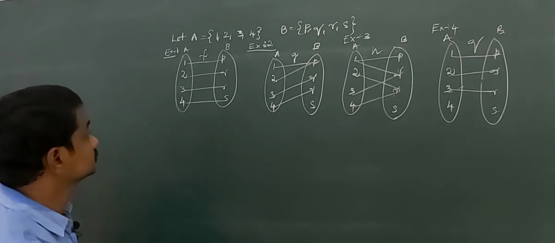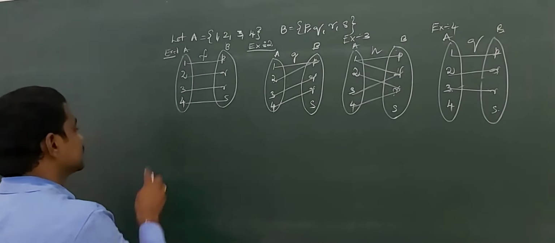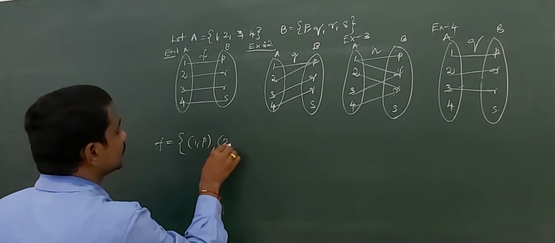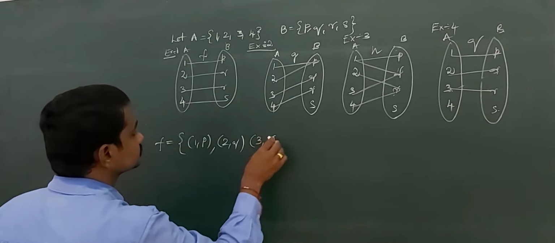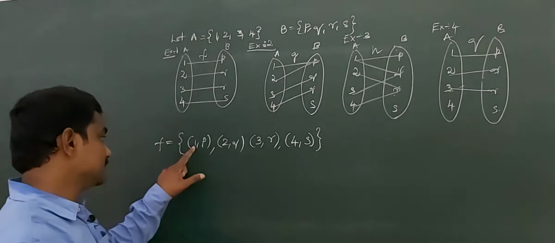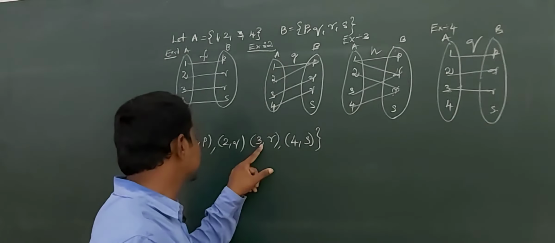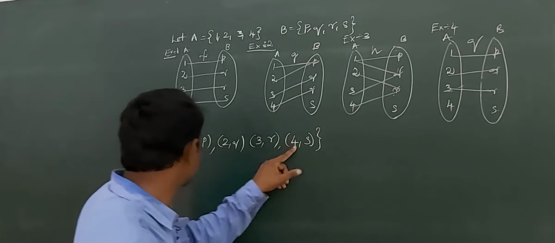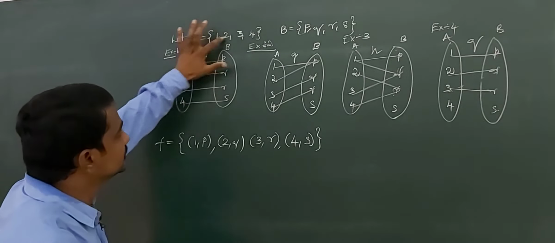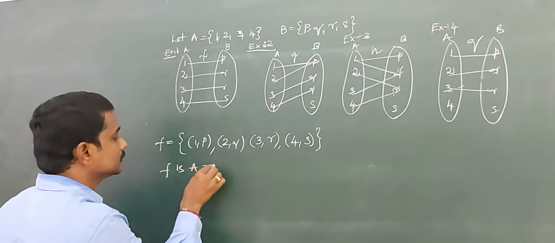First example: the relation F from A to B, F is equal to {(1,P), (2,Q), (3,R), (4,S)}. We observe that the image of 1 under F is P, the image of 2 is Q, the image of 3 is R, and the image of 4 is S. Every element of A has a unique image in B. By definition, F is a function from A to B.